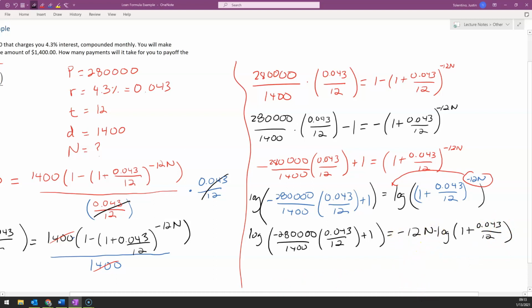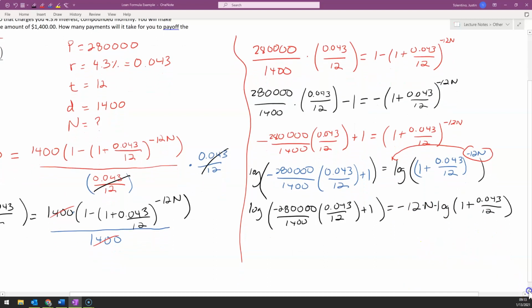And now, because this is all multiplication, we can just divide by everything to get n by itself. So our last step would be to divide, and then we can just type it into our calculator at the end. So if I divide, what am I dividing by? Well, we need to divide by the negative 12 to cancel that out. And we also need to divide by this log of the 1 plus 0.043 over 12.